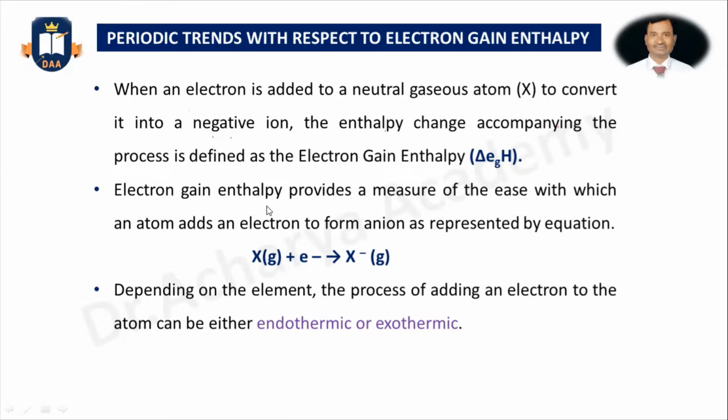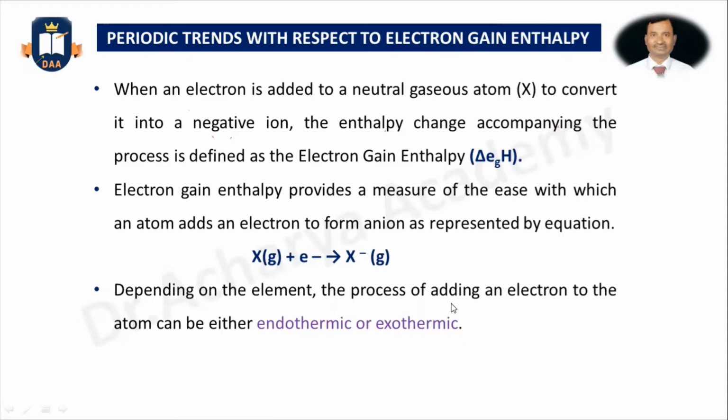Electron gain enthalpy provides a measure of the ease with which an atom adds an electron to form an ion, represented by this equation. X is the atom in gaseous form. You can add one electron, then the product will be the anion of these X atoms in gaseous form.